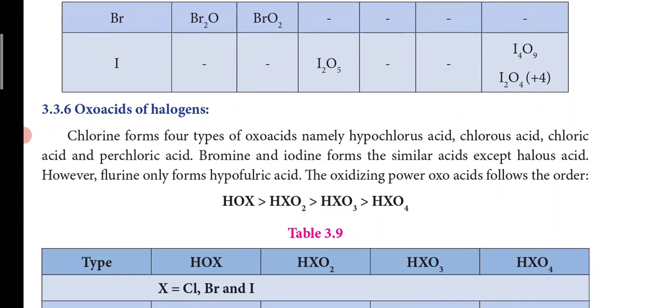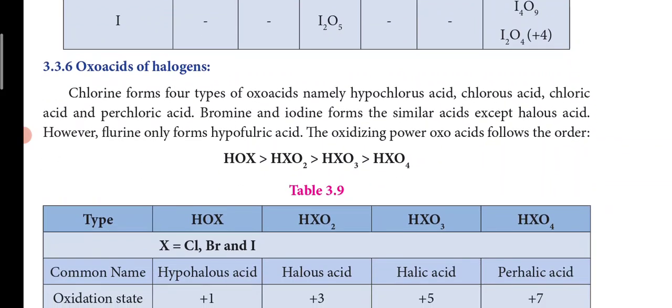And their oxo acids of halogen, if you see, chlorine forms 4 types of oxo acids: hypochlorous acid, chlorous acid, chloric acid and perchloric acid. Bromine and iodine also form similar acids except the halous acids, that is, bromous acid is not formed. However, fluorine may only form hypofluorous acid.